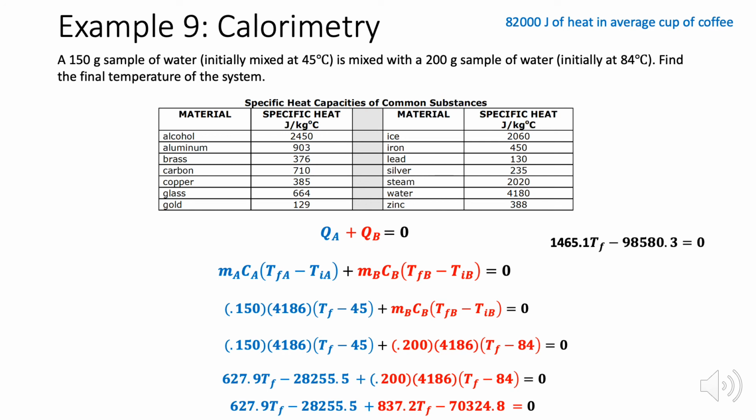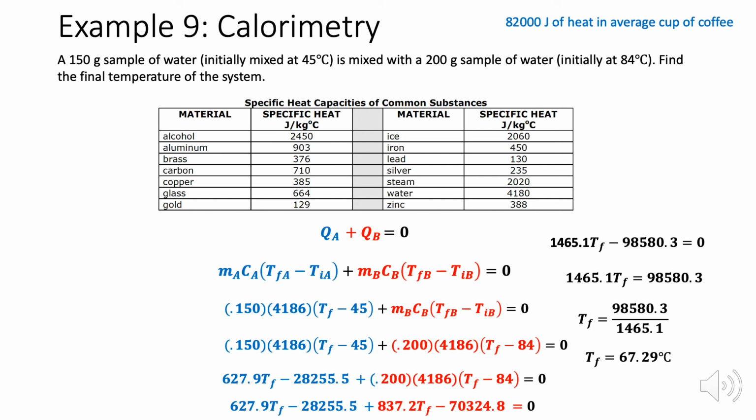If I move the 98,580.3 to the right-hand side, I'll have this. Then I'm going to divide the constant over the 1,465.1 and find that my final temperature is 67.29, which is correct because that's in between 45 and 84 degrees.